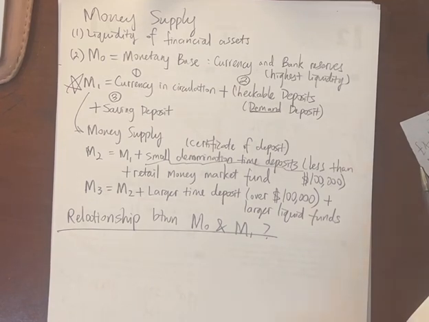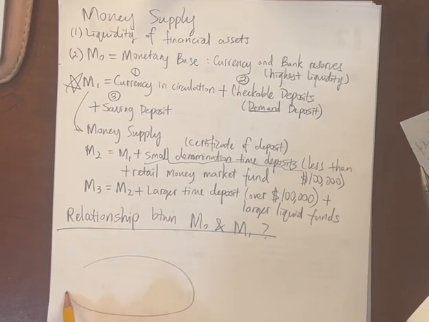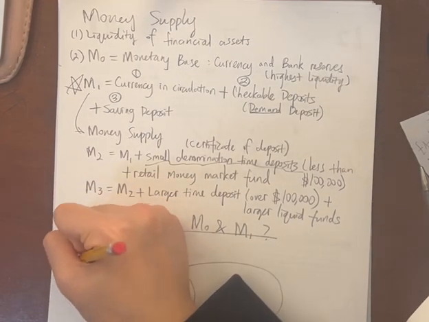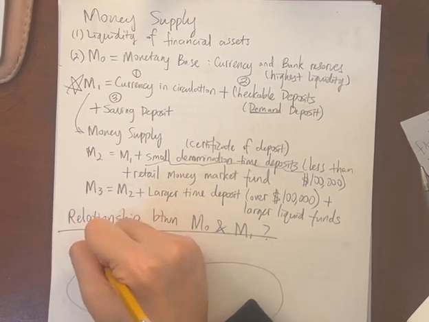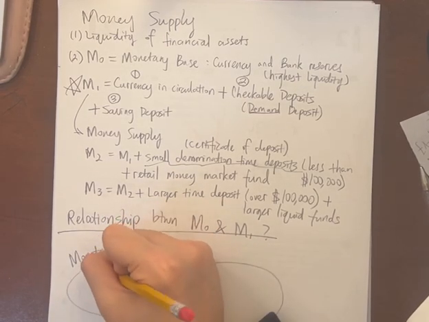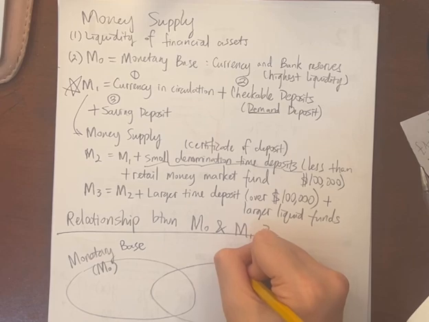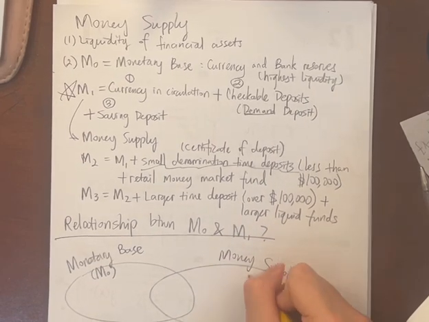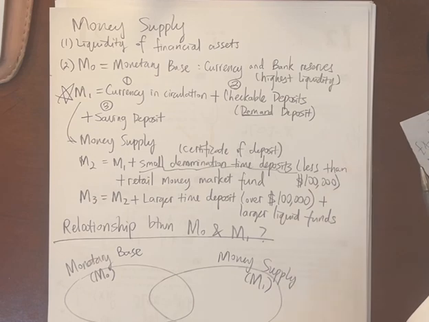I'm going to draw two big circles here to indicate M1 and M0. So this is M0, which also means monetary base. And this is money supply, another word for M1. Okay, so what does M0 include?